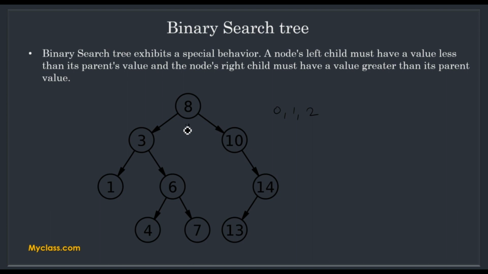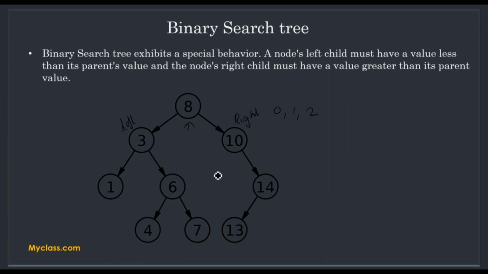See, when we are considering the root node, 8 has 2 children, 3 and 10. 3 is the left child and 10 is the right child. So the left child should be less than 8 and the right child should have a value that is greater than 8. Now considering 3, the left child 1 is less than 3 and the right child 6 is greater than 3.